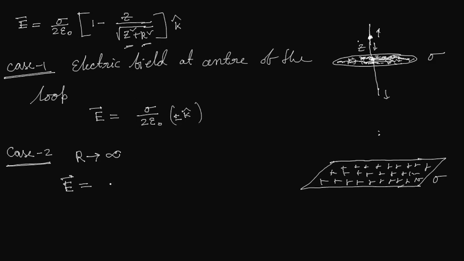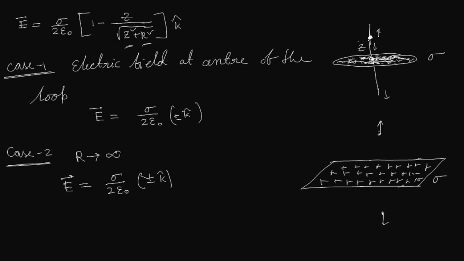So we'll get sigma divided by 2 epsilon naught. That will be the magnitude. If we consider a point above the loop, it will be along this direction. If we consider a point below the loop, it will be along this direction. So again we can write plus minus k cap.